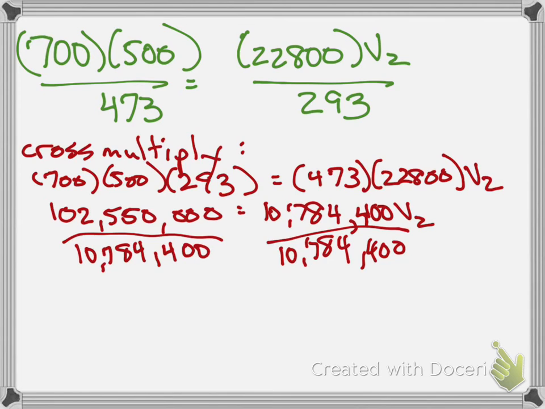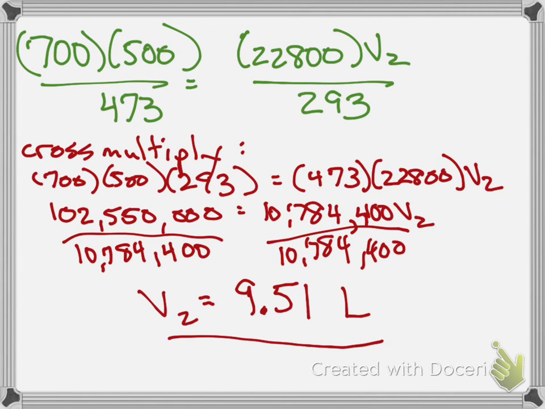When we solve for a variable, we're always trying to get it to be by itself. And we're going to get a value to 2 decimal places of 9.51 liters of gas.